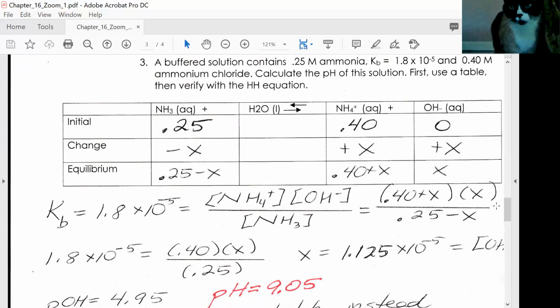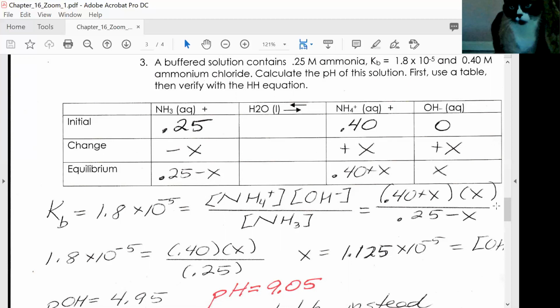So in this case, we've got 0.25 molar ammonia, so fill that in on your ice table for initial. And from the ammonium chloride, we have 0.40 molar ammonium ion. Chloride is a spectator ion, so please fill that in on your ice table. And initially, we have 0 hydroxide, so we put 0.